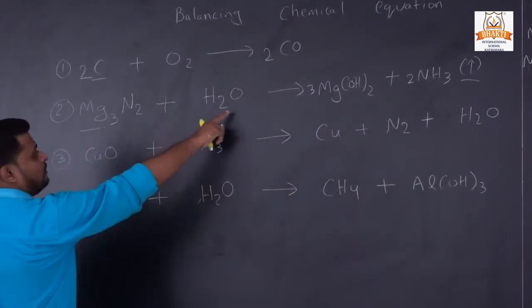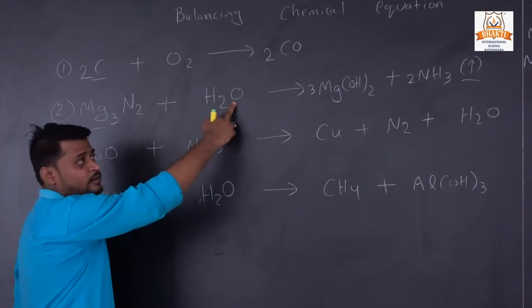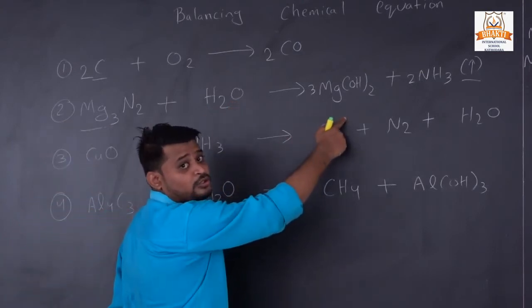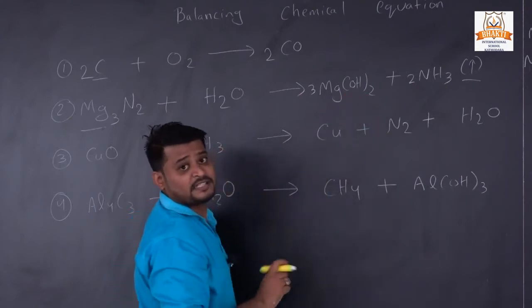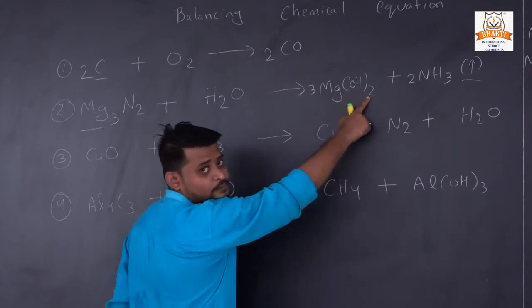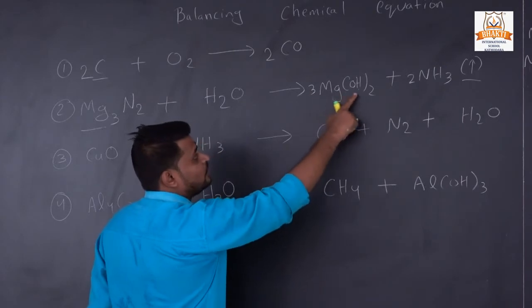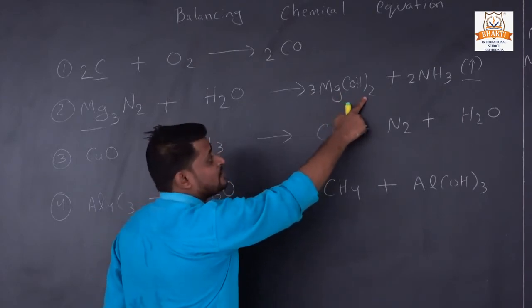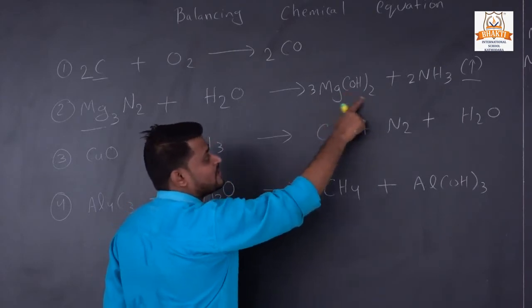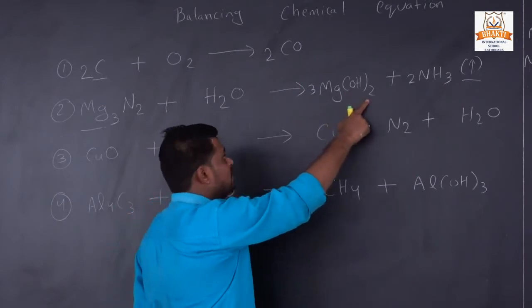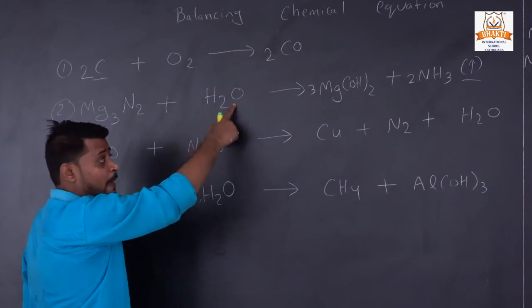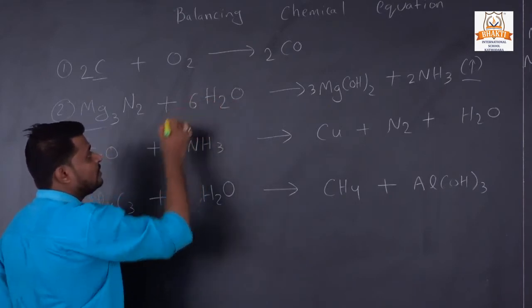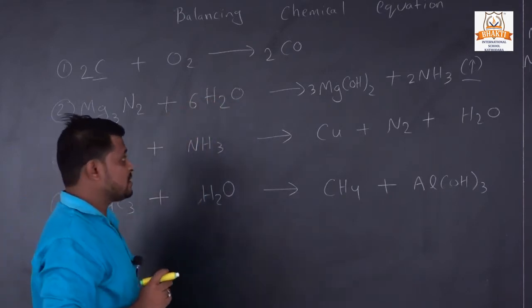Now here oxygen is 1, and here O2 means oxygen is 2, and 3 twos are 6, so oxygen is 6, and here oxygen is 1, it is unbalanced. So we multiply oxygen by 6.